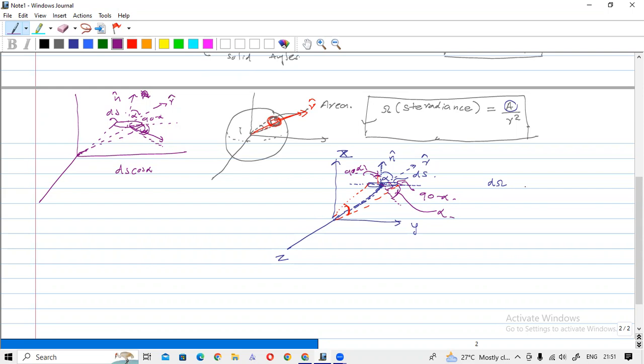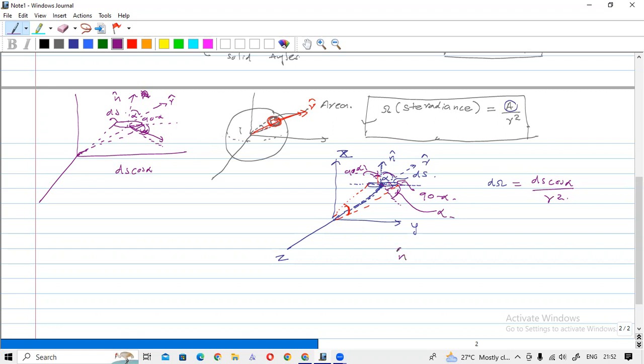So d omega is equal to ds cos alpha divided by r square. And what is this cos alpha? This is the alpha, no? So this is n hat and r hat is a unit vector.